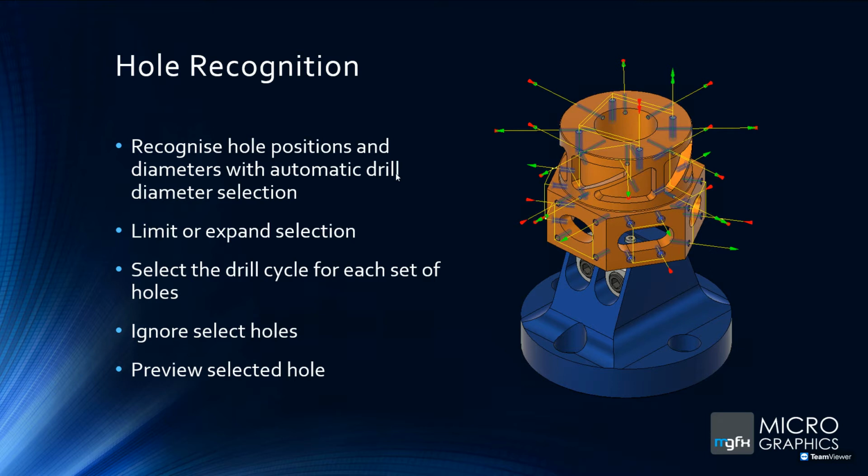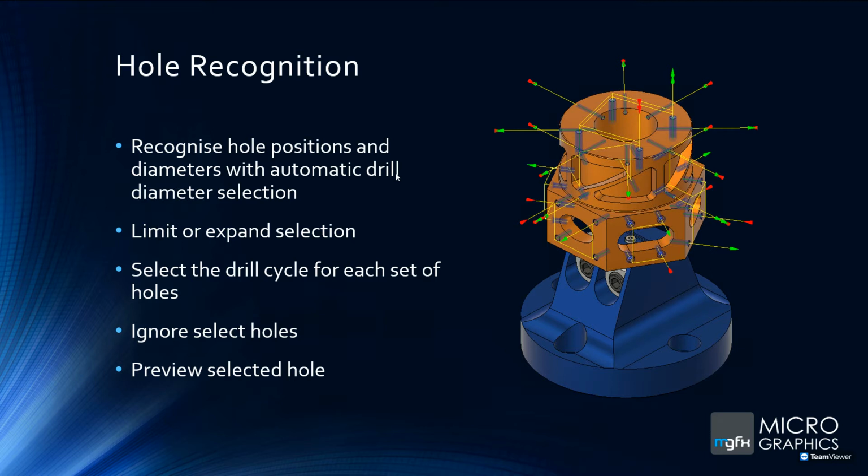But this can be disabled, and holes on other axes are found, and 3+2 positioning is then used to drill those. So if your machine has 5 axes, this will work well for drilling holes on all sides of your component. Furthermore, you can actually limit the hole selection by its angle relative to your initial Z-axis setup.